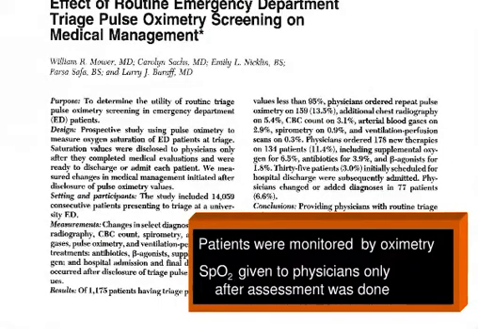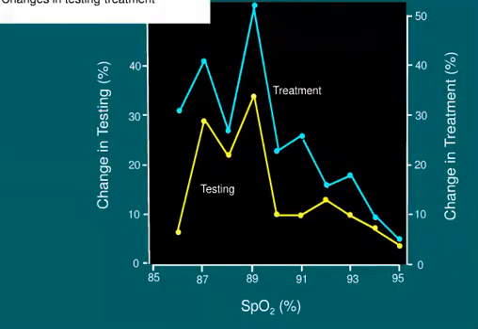at UCLA. What they did here is they monitored patients by oximetry, but the values were not provided to the physicians until after they finished their assessment. Here you can see the frequency with which the physicians made changes either in the diagnostic testing or in the treatment when the SpO2 was available to them.